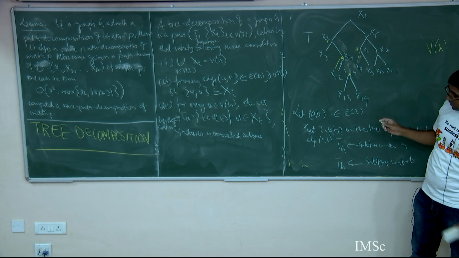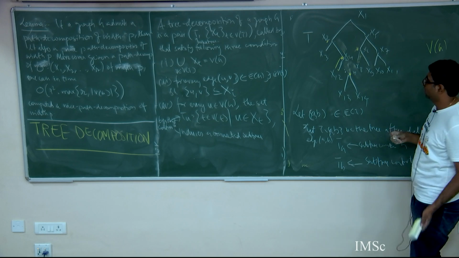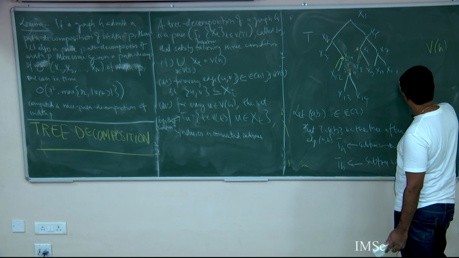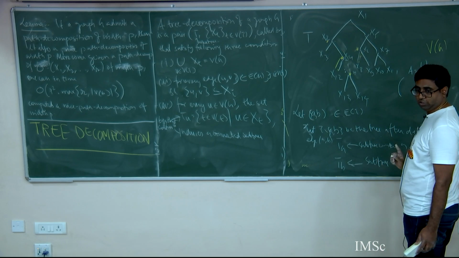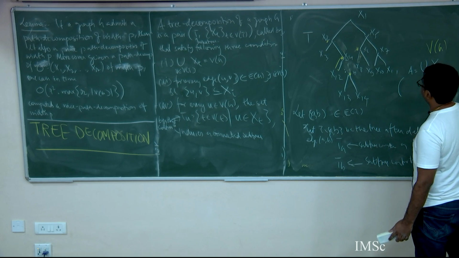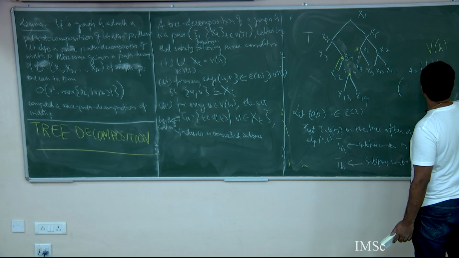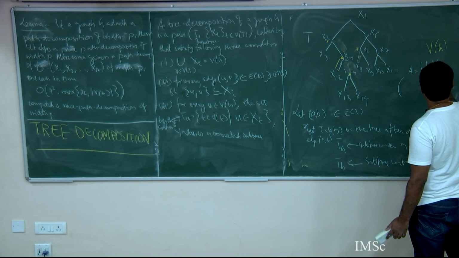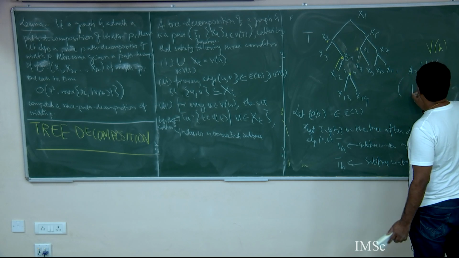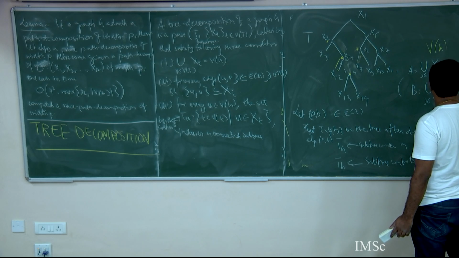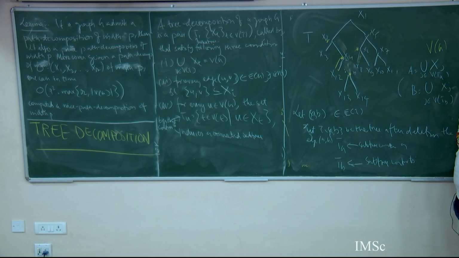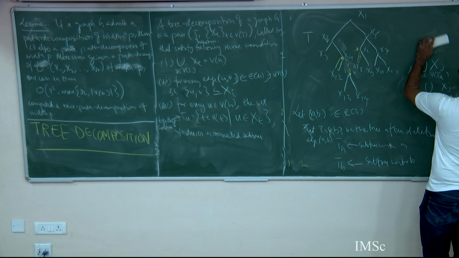So let A be the union of Xj, with j in the vertex set of TA, and let B be the union of Xj, with j in the vertex set of TB. Consider this partition (A, B).